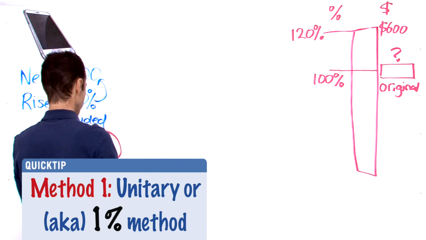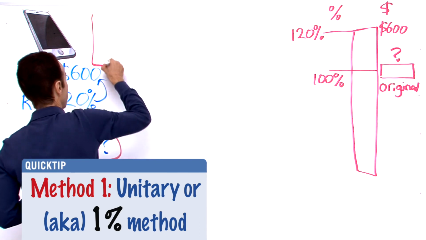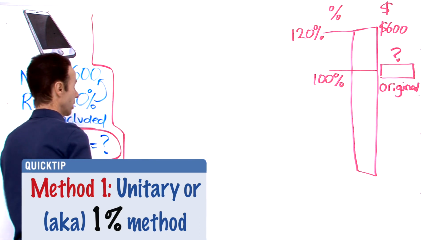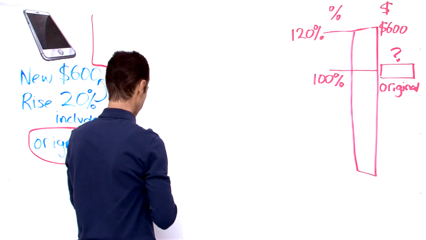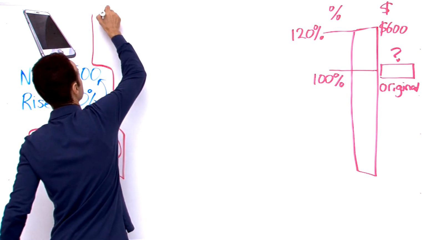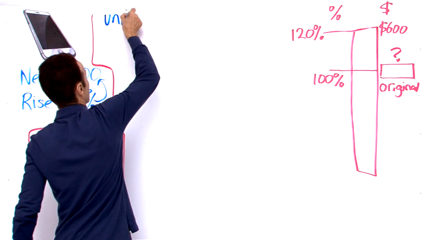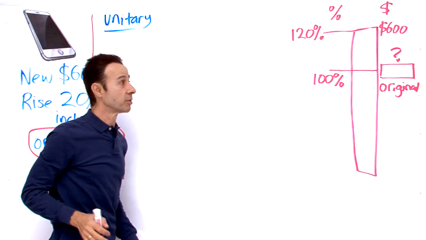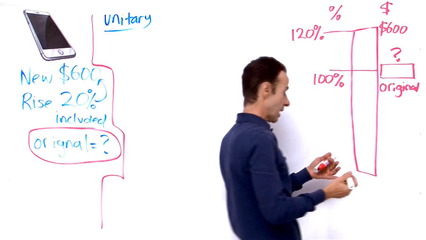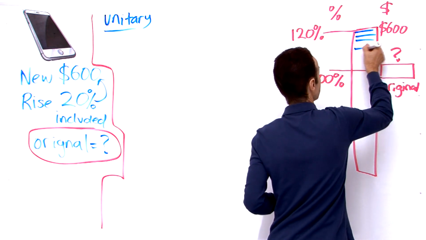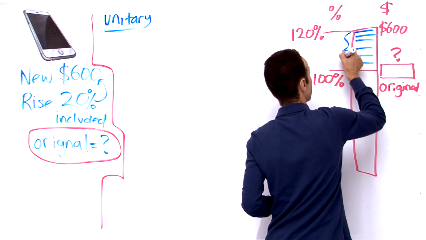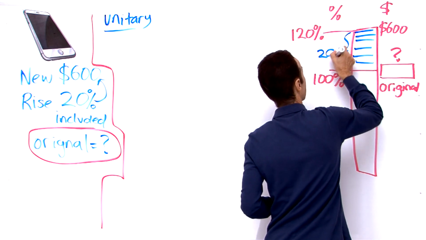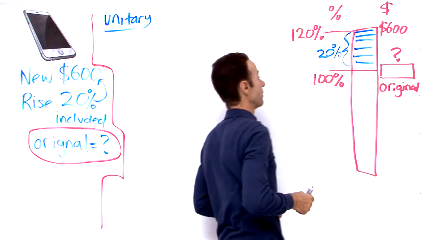So I'll put a little line of demarcation. Okay, let's use the unitary method, sometimes known as the 1% method. Looking at the diagram, what do we have? This is the price rise there, that's the 20%. What do we have first of all?